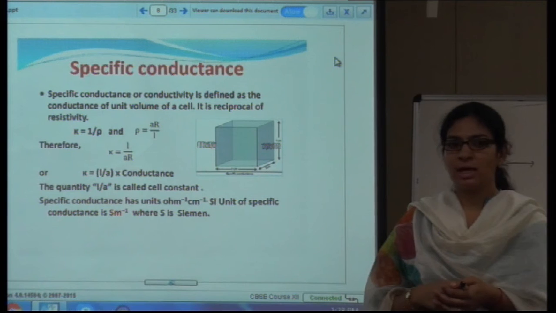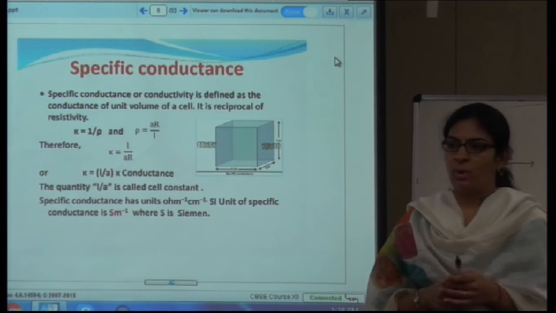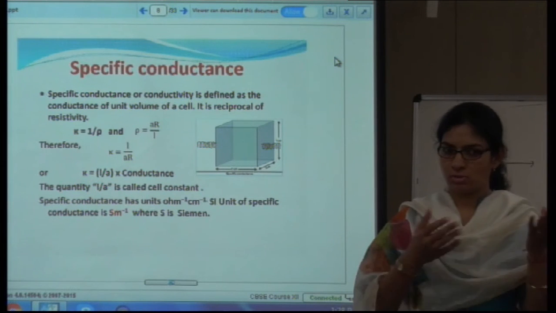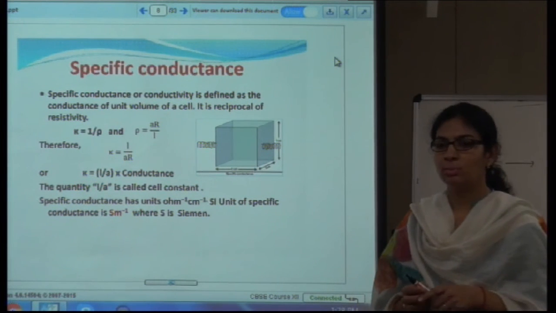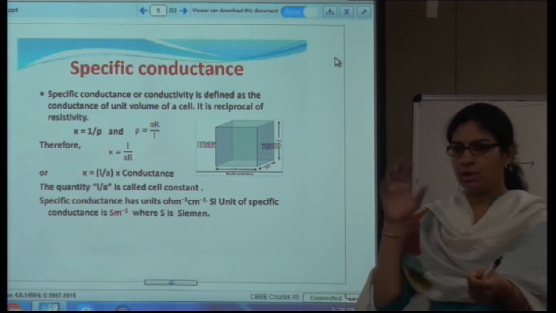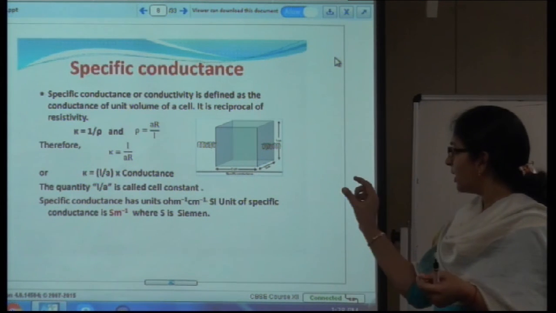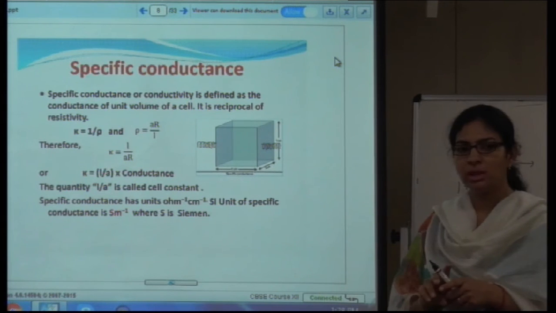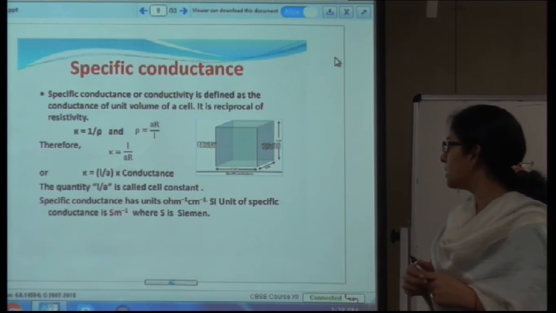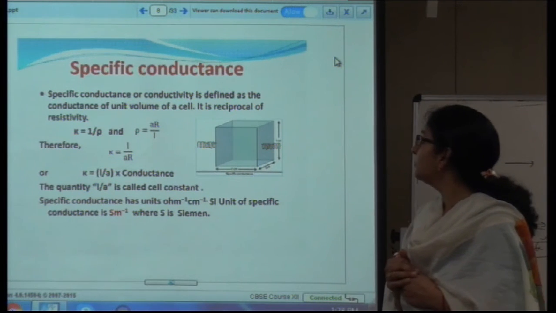You can express the concentration of pollutants in terms of molar also, but then that quantity is going to be very, very small. I should not have discussed that, but the convenient unit in which specific conductance is measured is ohm inverse, centimeter inverse. Next slide please.